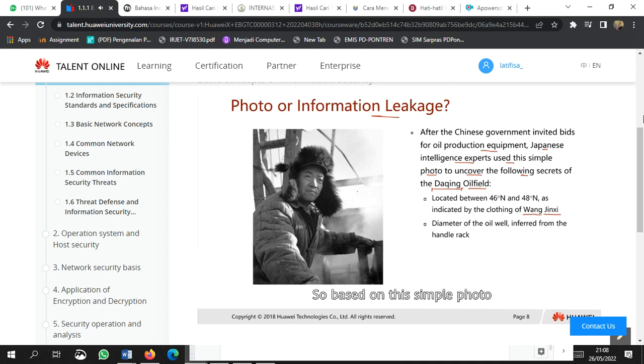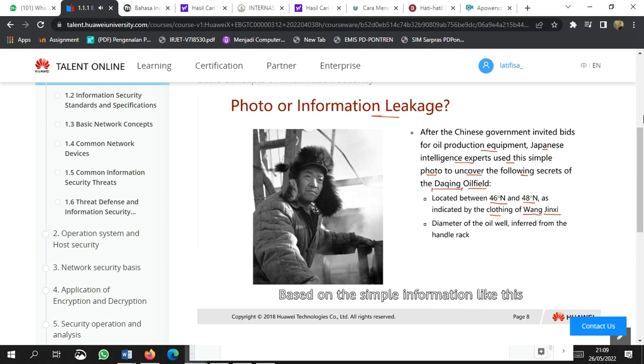So based on this simple photo, the Japanese intelligence could easily tell. For example, look at the clothing. Based on the clothing of this guy, this is definitely winter clothing, and they could tell this is about 46 to 48 degrees north, towards the northeastern side of China.